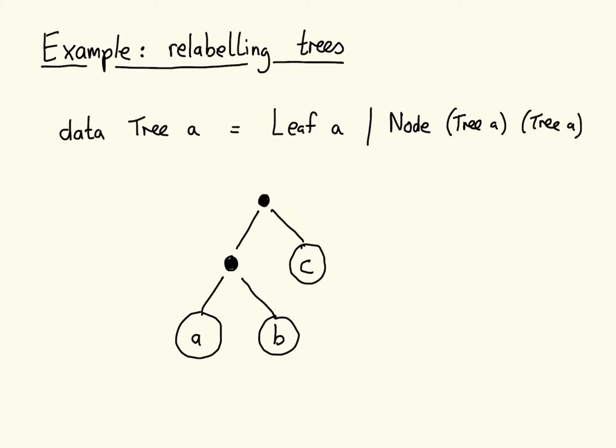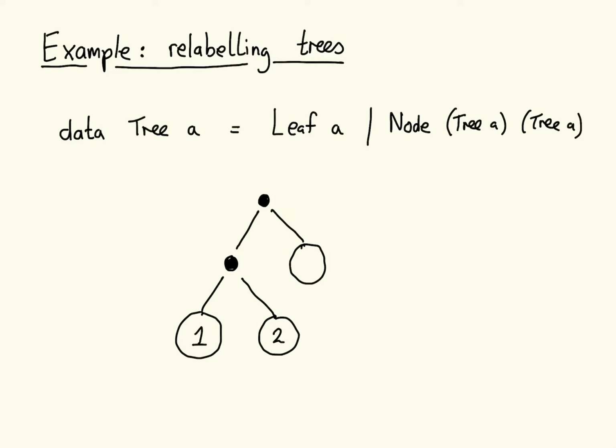So now we can understand the problem we're trying to solve. It's to do with relabeling trees. What we want to do is define a function that relabels each leaf in such a tree by a fresh integer. By fresh integer, I just mean it's got to be completely unique in the tree. So for example, if I took this tree with the characters A, B and C sitting in the leaves, I'd like my relabeling function to forget about whatever those labels are and replace them by fresh or unique numbers.